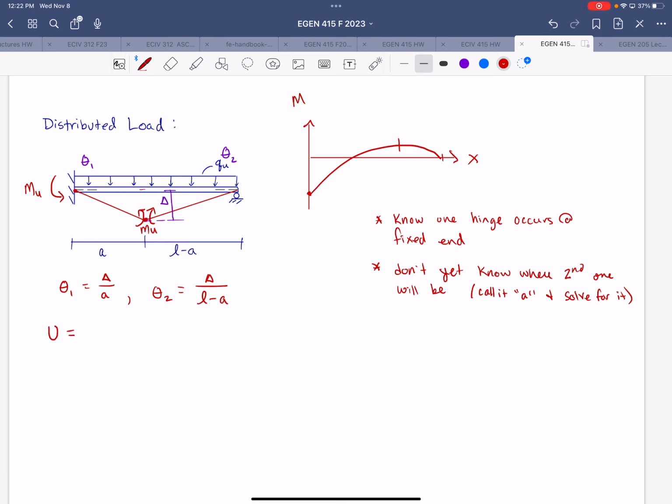So our internal strain energy, if we consider just the first segment, we have from that 2 mu theta 1 plus from the second segment, we have mu theta 2. So that's going to be equal to mu times delta, and then in brackets, we'll have 2 over A plus 1 over L minus A.